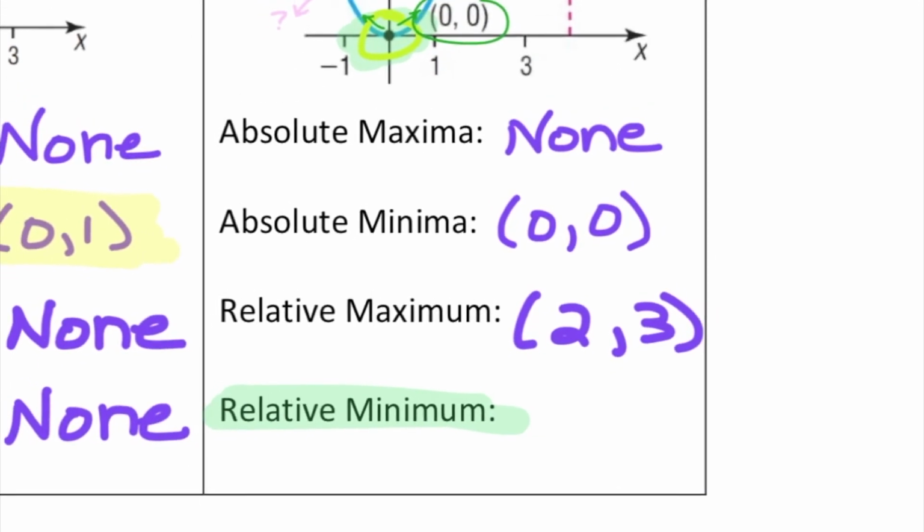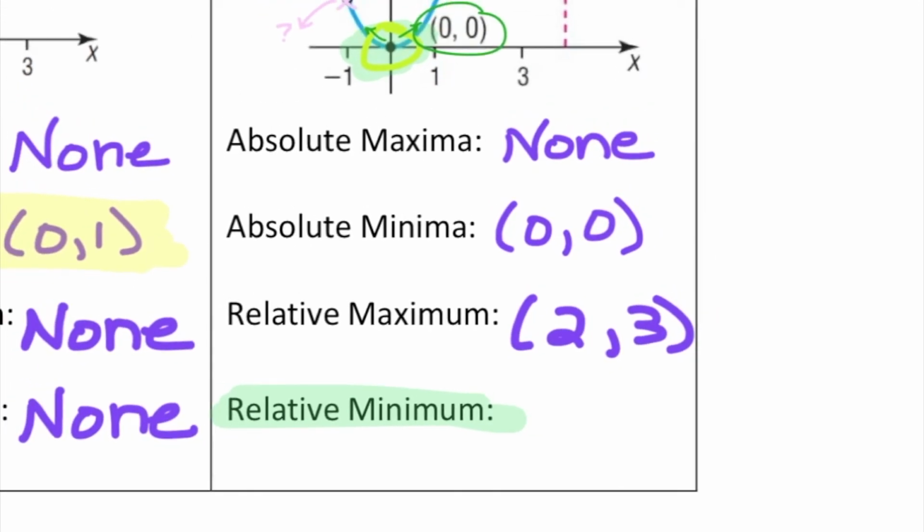And you don't have to write union in this case. You can just write the word and or just put a comma, I don't care. But your relative minimum is going to be 0, 0 and 3, 2.